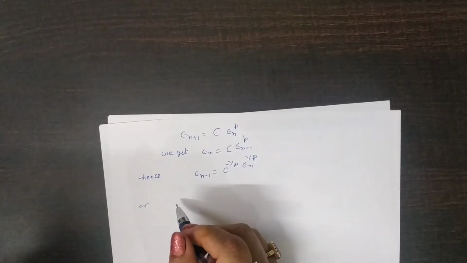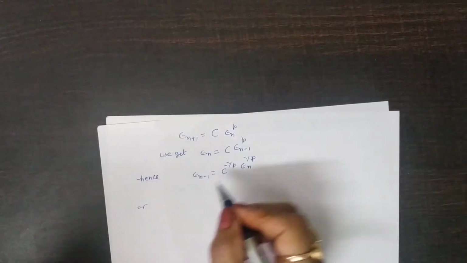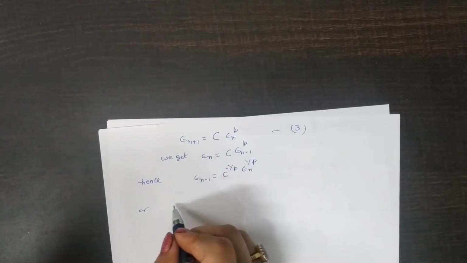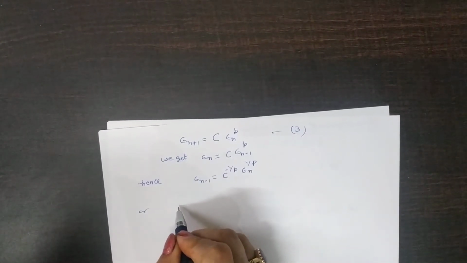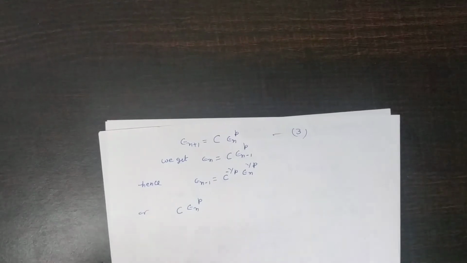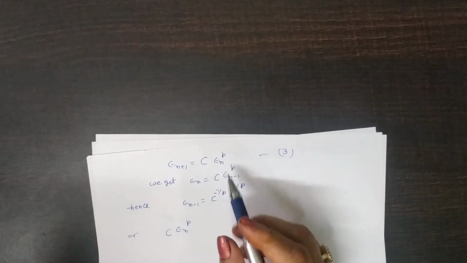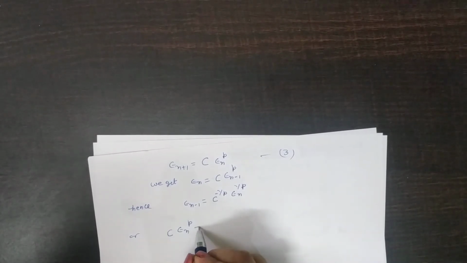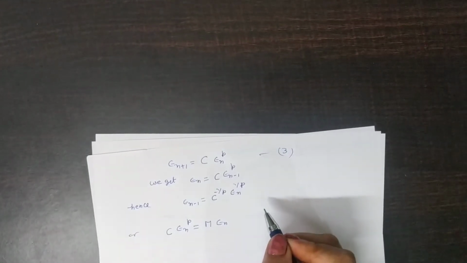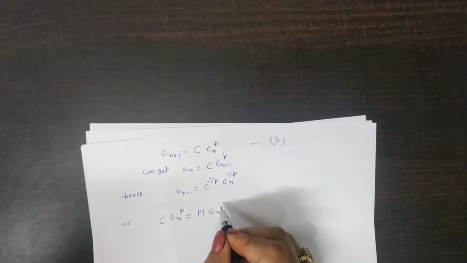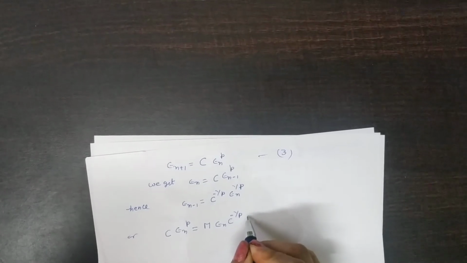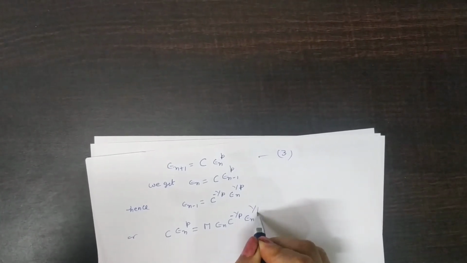Equating these, C epsilon n to the power p from equation number 3 is equal to M epsilon n, where in place of epsilon n minus 1 we substitute C to the power minus 1 by p epsilon n to the power 1 by p.